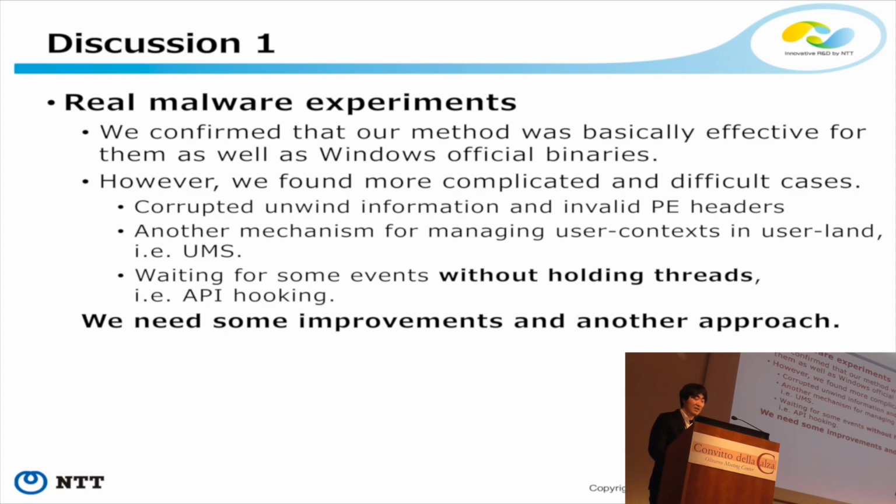And malware sometimes waits for some events without holding threads, such as when they hook APIs and then activate their code. To solve these cases, we need some improvement of our method, and further research is required.